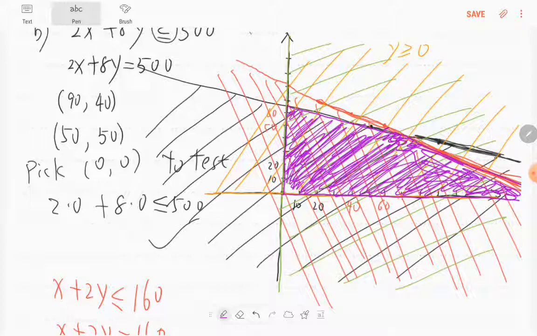And this feasible region, we notice that it's bounded, not unbounded, because this side will go down and somewhere it will intersect the x-axis. I cannot draw anymore.